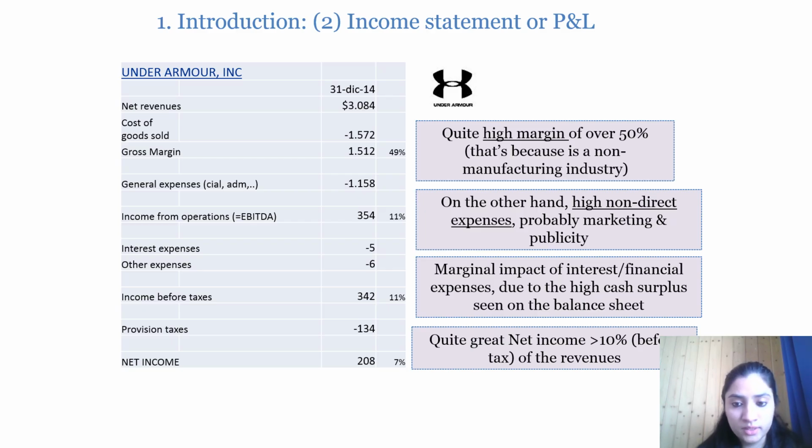They say there is a marginal impact of interest and financial expenses due to the high cash surplus seen on the balance sheet. So it means that they have a high amount of cash surplus that they could invest in other activities. On the other hand, the net income is more than 10%. Quite great net income, which means that before the taxes, it's 11%, so they are gaining quite good revenue.